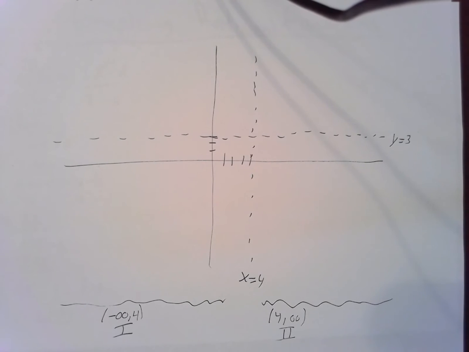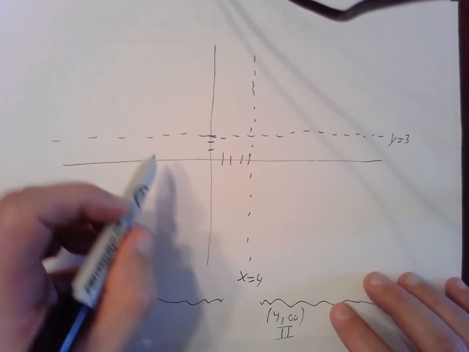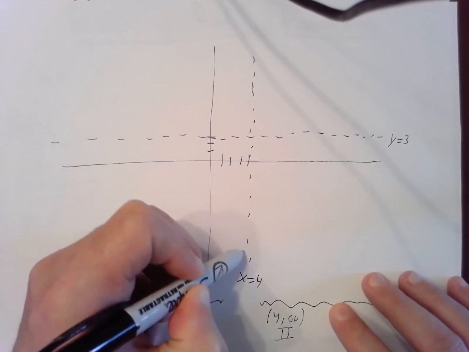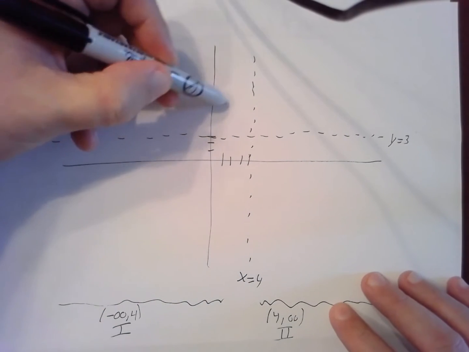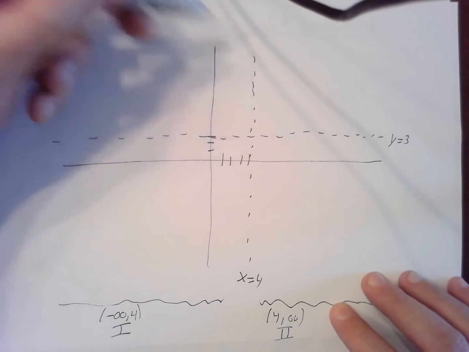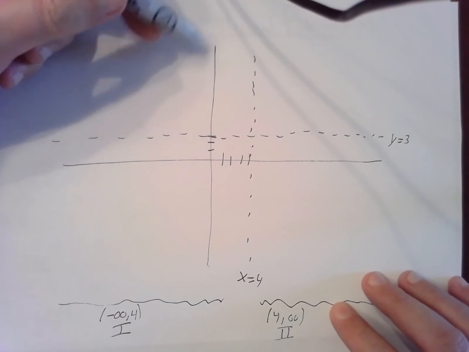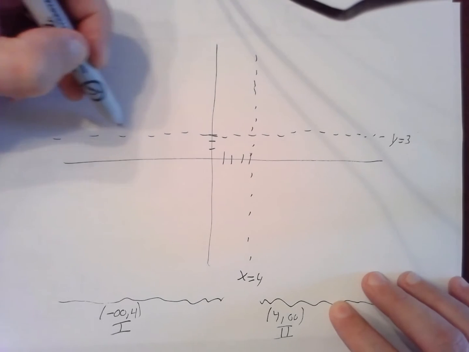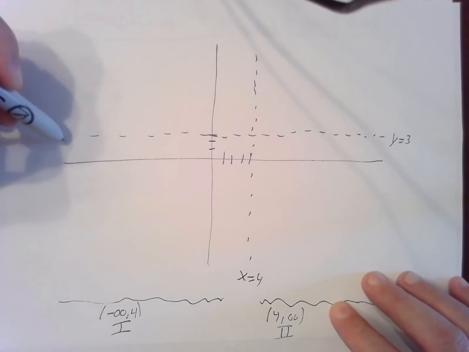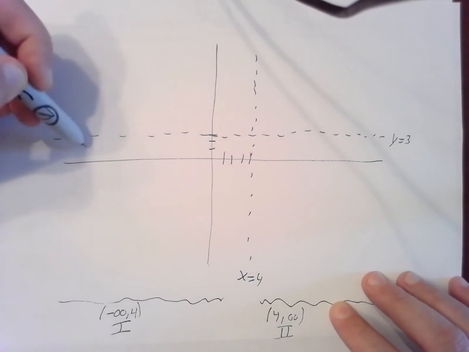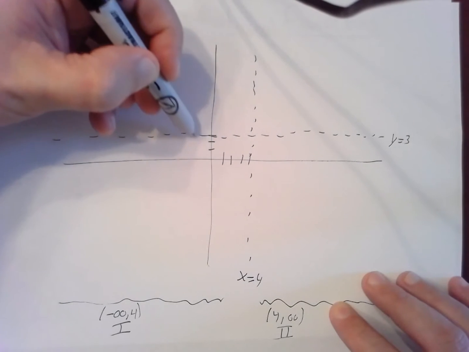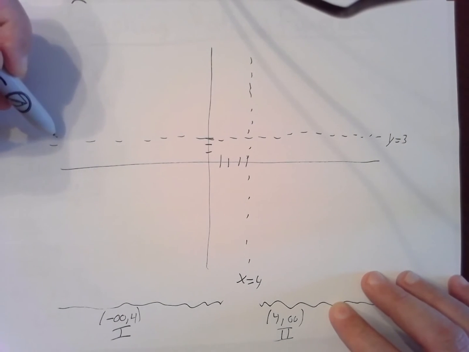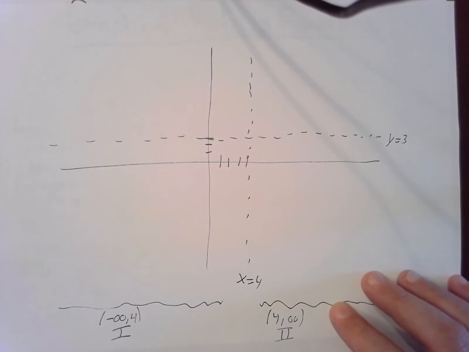We're never going to cross a vertical asymptote, so my graph is going to either come down like this and approach this vertical, or come up and approach this vertical. Similarly, I'm going to be approaching this horizontal asymptote. So maybe the graph is going to look like this over here in section 1, or maybe it'll look like this. Maybe the graph will come up and cross over this horizontal and approach from the other side. But there aren't a lot of choices.